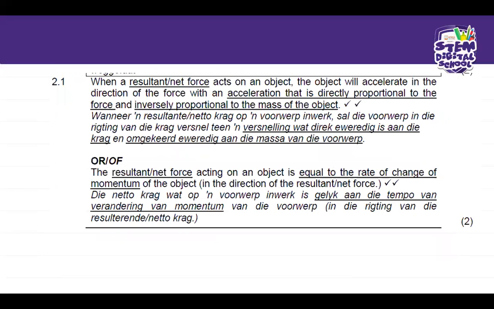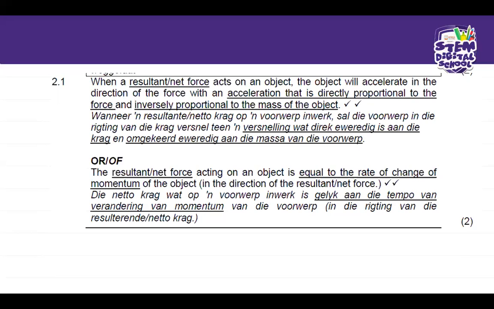So what Newton's second law states is that when a resultant force acts on an object, the object will accelerate in the direction of the force with an acceleration that is directly proportional to the force and inversely proportional to the mass of the object. Okay, so we know force is equal to mass times acceleration, so the acceleration will be F over M, right?